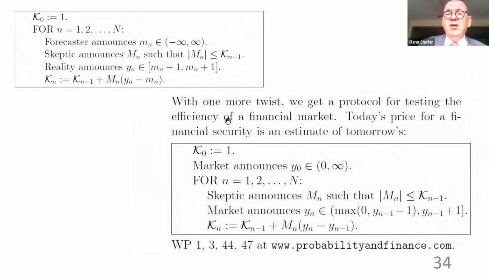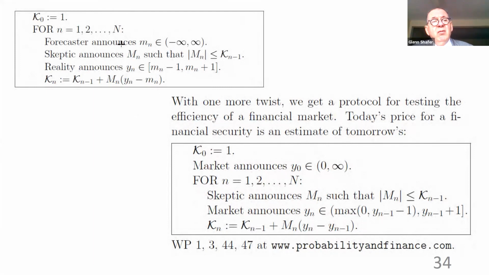Now, if we take one more twist to this, we can get a way of testing the efficiency of a financial market. Up here, we have the forecaster announcing the estimate. But when we're looking at a financial market, the idea, I've said it before, is that today's price is an estimate of tomorrow's price.